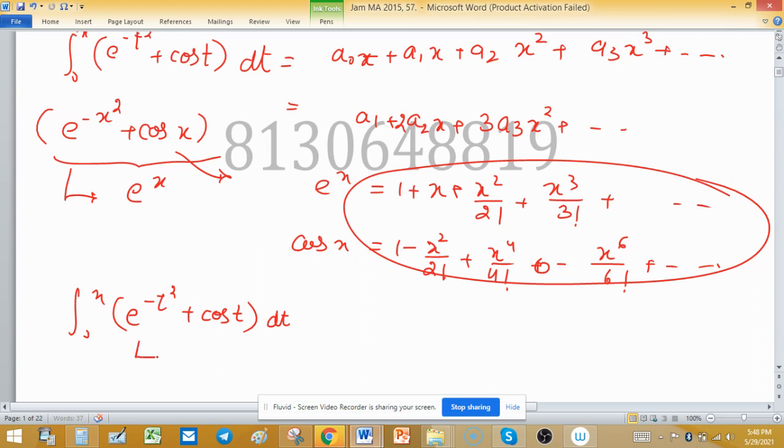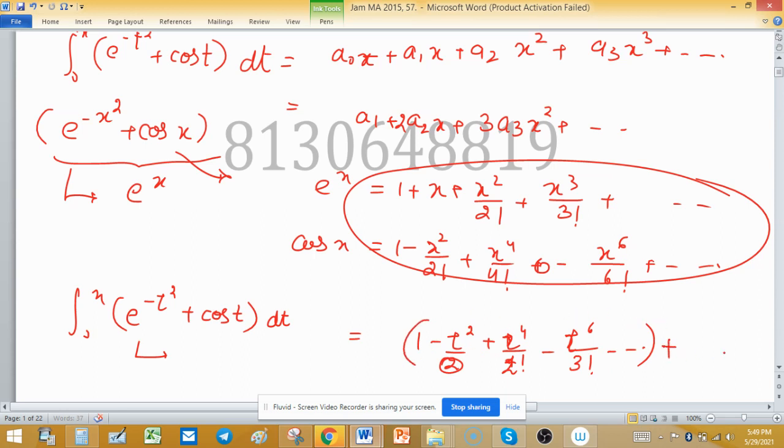Expanding, we have 1 minus t square plus t raised to the power 4 upon factorial 2, minus t raised to the power 6 upon factorial 3, and so on.